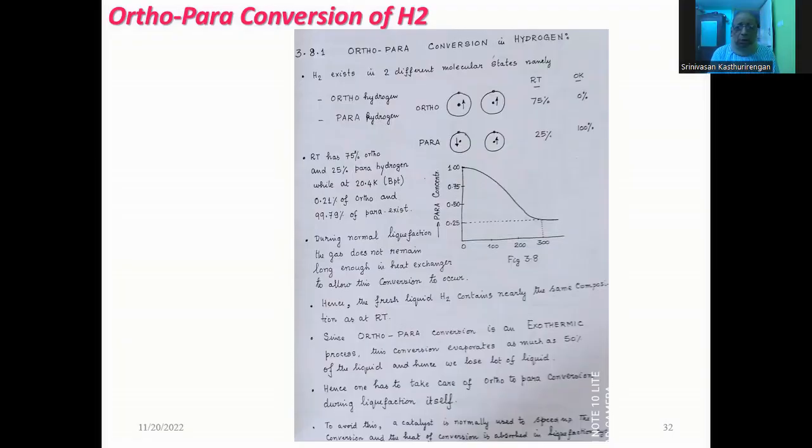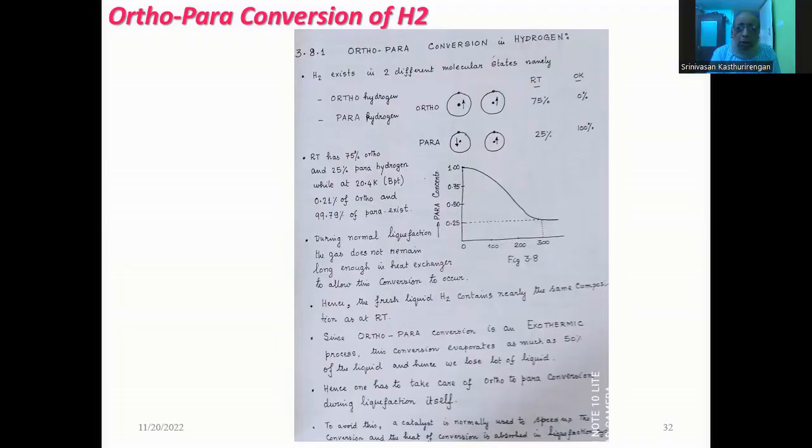So when they form H2, what about the nuclear spins? The nuclear spins can be added together. Each hydrogen has a spin of half. So the spins can be half plus half. They can be in one direction, vertically, please see my hand, then it can be horizontal, it can be in the opposite direction. So the spins can be plus half, plus 1, 0, minus 1.